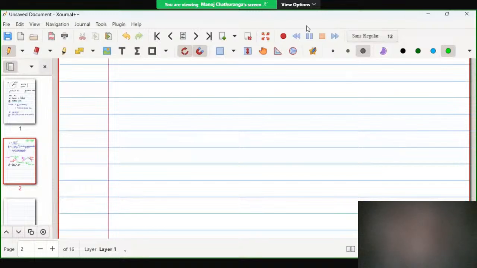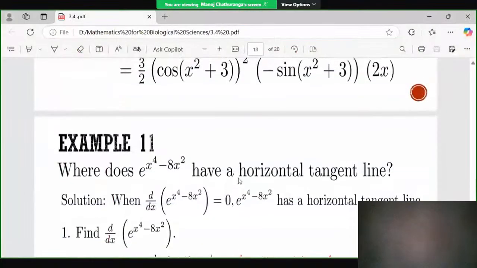Let's go back to our notes. Where does the function e to the power x to the 4 minus 8x squared have a horizontal tangent? See, this function is very complicated. It is a composition of two functions. The outermost function is the exponential function, and the inner function is a polynomial of degree 4. But still, we can apply the same principle.